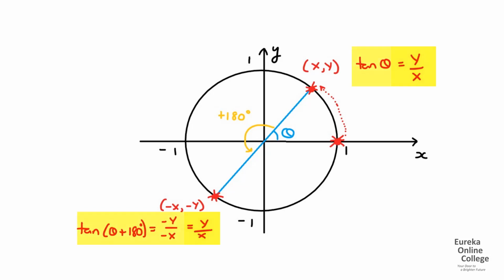So it doesn't matter if I add on 180 degrees, tan doesn't change. So just as before, you can add 360 degrees to sine and cosine, and the value stays the same. With tan, you can add 180 degrees. So in fact, this makes tan the easiest one of all, because once we know one solution, to find the other solutions, all we have to do is add or subtract multiples of 180 degrees.